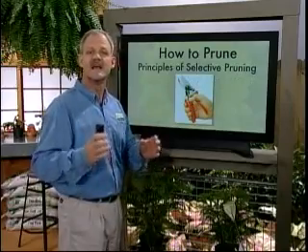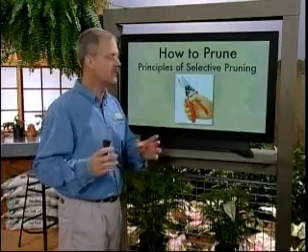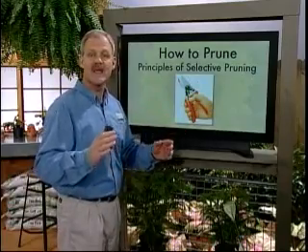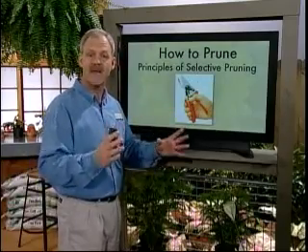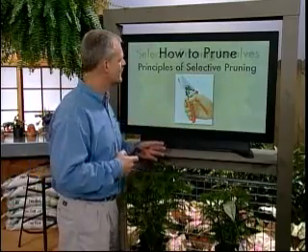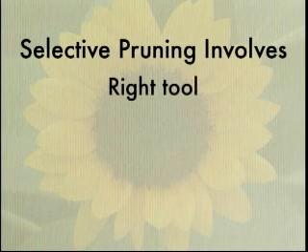Selective pruning involves literally making a choice, making a selection of what you're going to prune, where non-selective pruning involves just cutting without any respect to the way the plant is made up. See if we can explain it a little bit more clearly. The first thing that selective pruning involves is choosing the right tool.